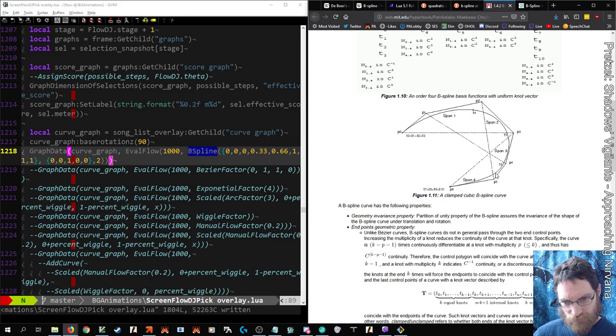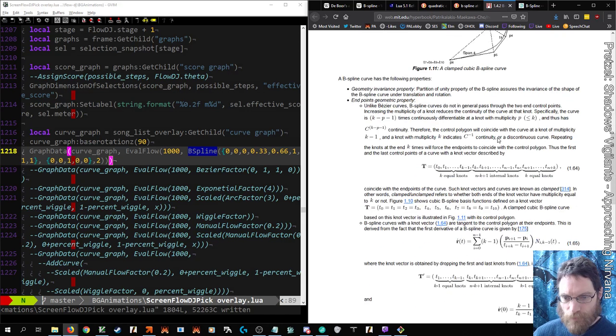Seven, 8, 9, 10. Six, 5, 4. K equal knots, K equals knot. And n minus K, right, K, and n minus K plus 1.